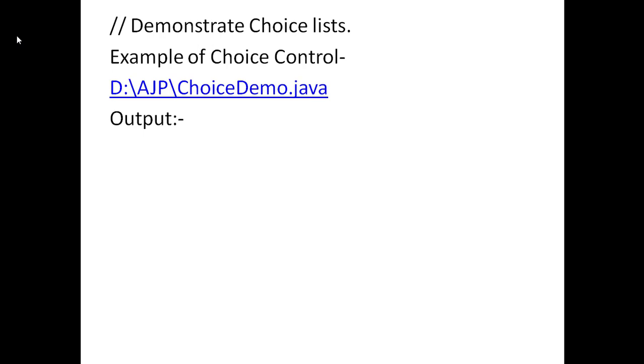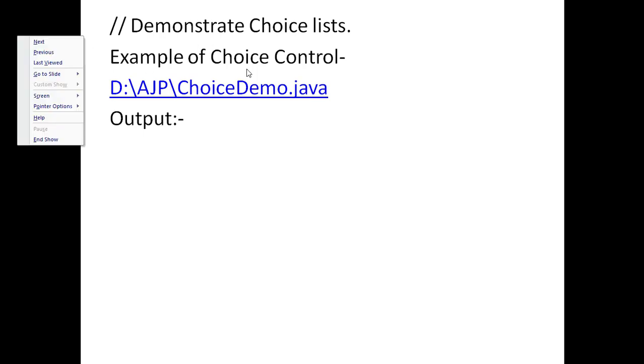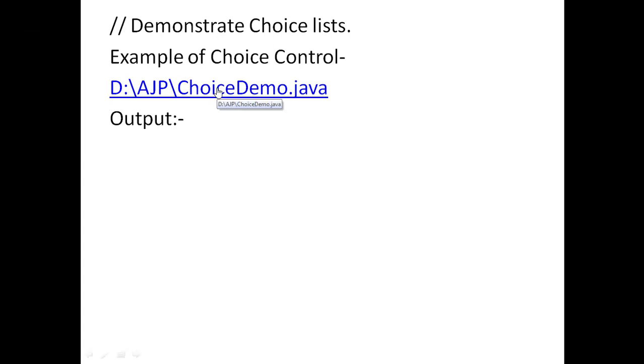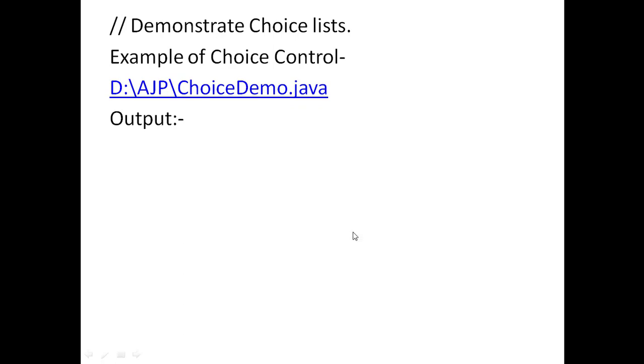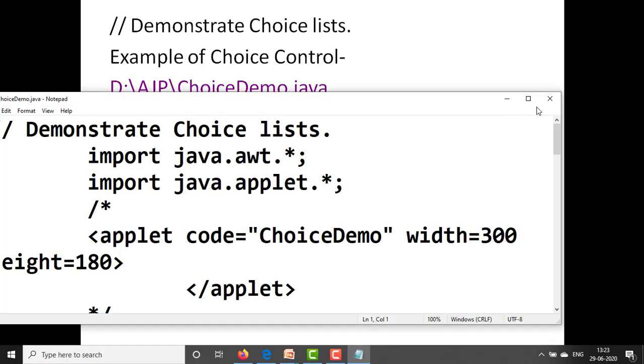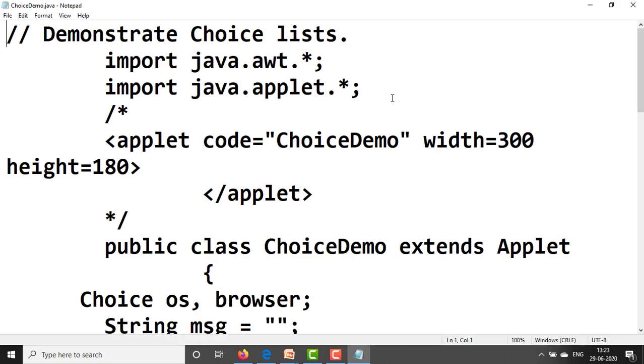Now one example for demonstration of choice list. Already we have seen how to write AWT, Abstract Window Toolkit, programs using applet. Keep in mind that we have also studied the template.